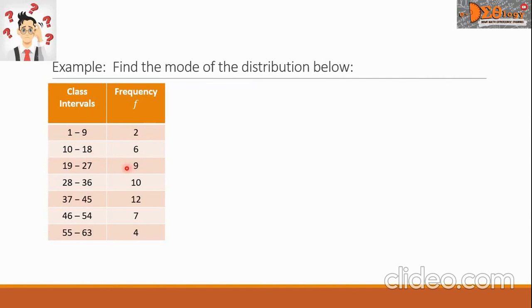A frequency of 9 for 19 to 27. A frequency of 10 for the class 28 to 36. A frequency of 12 for the class 37 to 45. A frequency of 7 for the class 46 to 54. A frequency of 4 for the class 55 to 63.